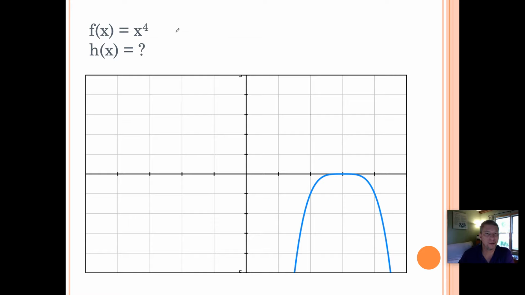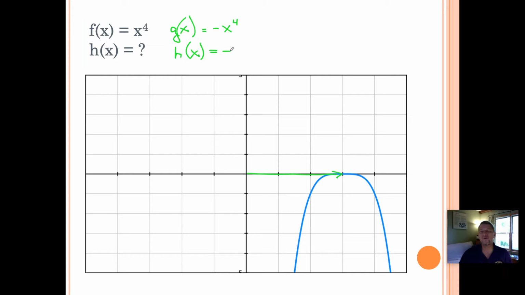And so g of x in this case is going to equal negative x to the 4th. But notice that I've also moved this whole thing over by 1, 2, 3 units. And so my h of x value here is going to equal negative.